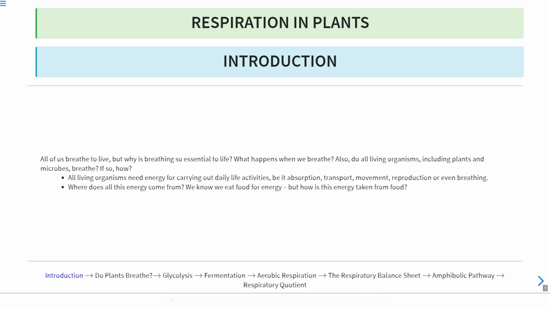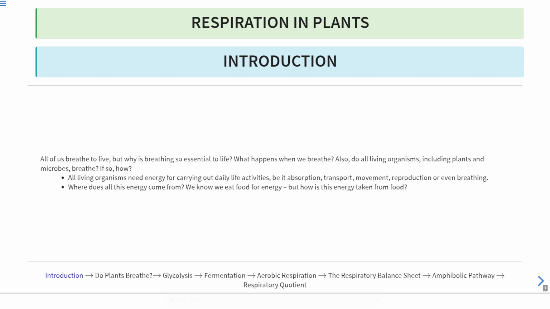Every organism, whether it is a plant or an animal or a microbe, requires energy to carry out its daily life activities, whether it is the absorption process. After the process of digestion, there is absorption of the nutrients in the small intestine.